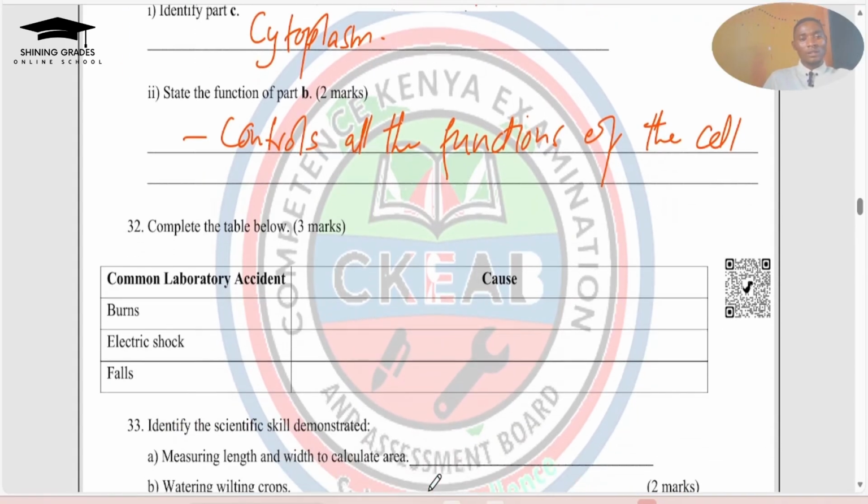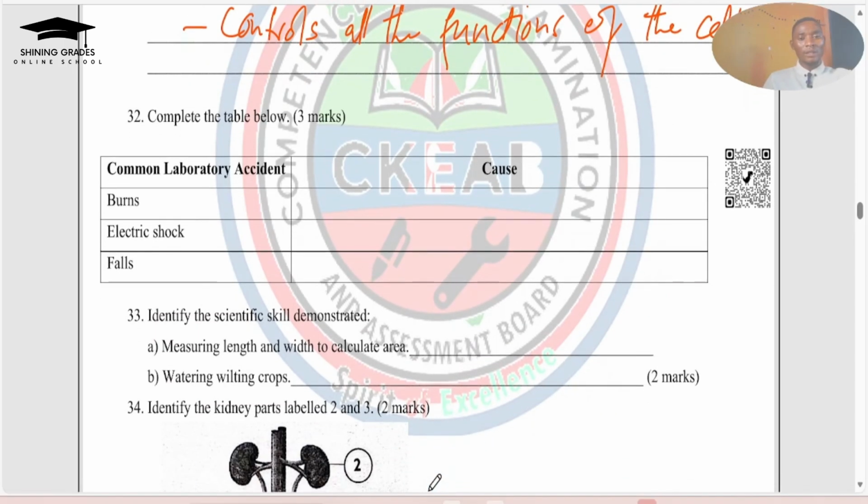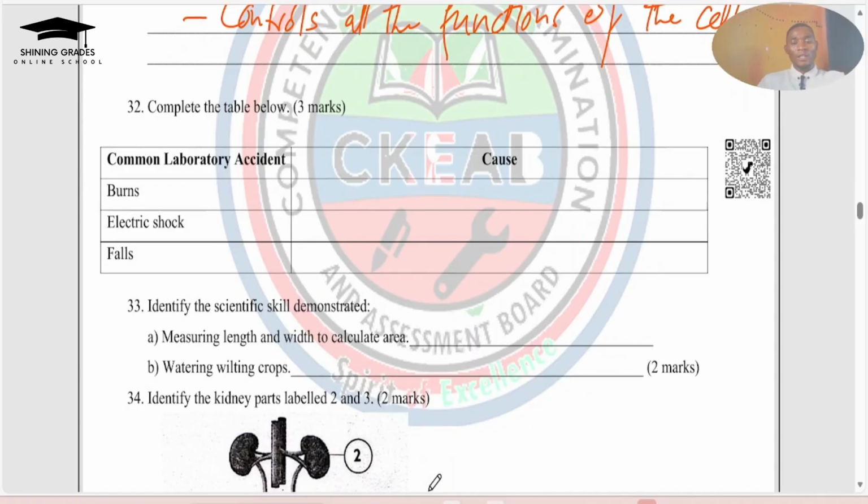Next question. Complete the table below. We have the common laboratory accident and the cause of that particular accident. So we have burns. Burns is caused by handling hot equipment. It can also be caused by chemicals.